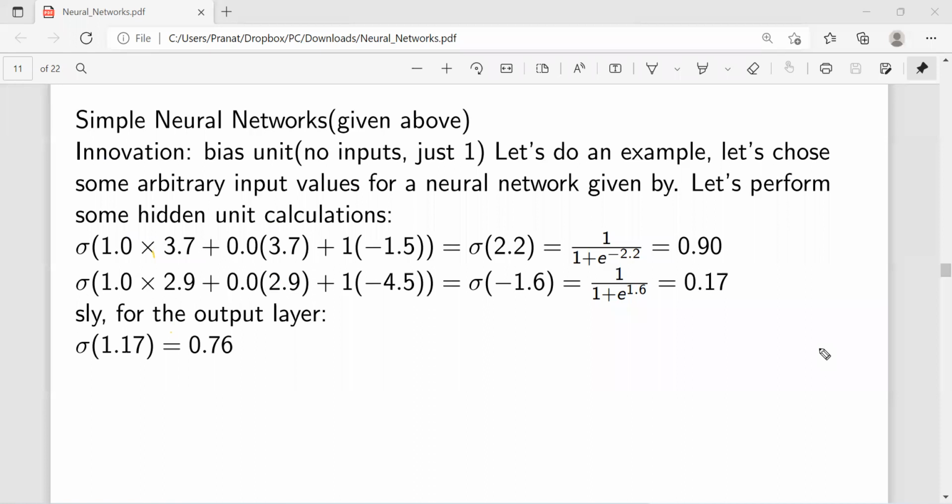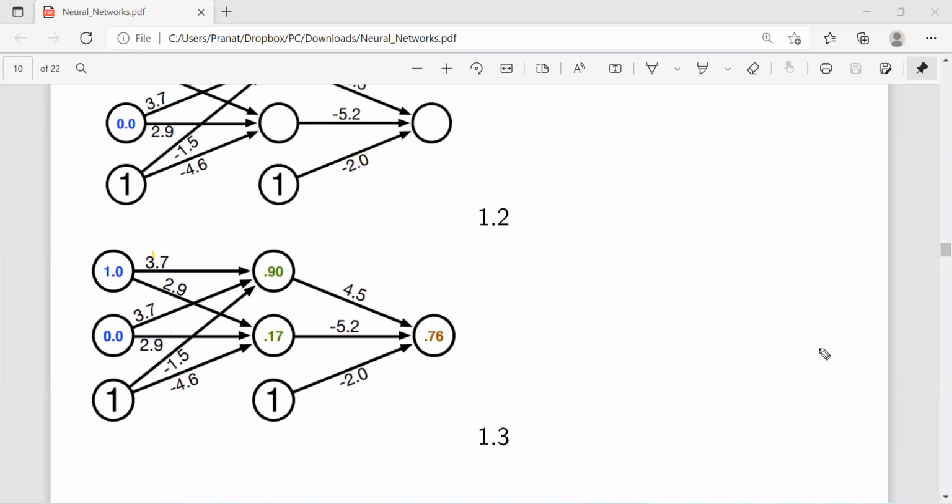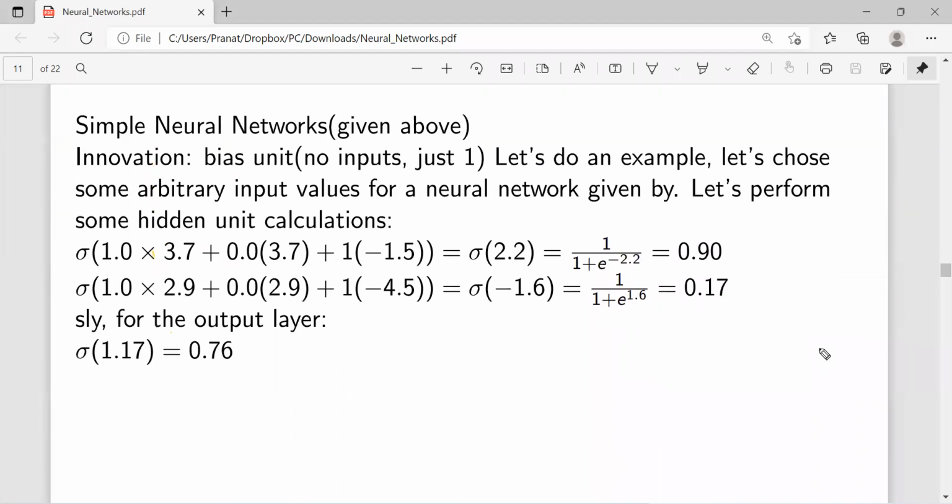Then we similarly do this calculation for this neuron, to get the value for this neuron. We compute again the score, H1, W1, H2, W2, and this is our bias term.